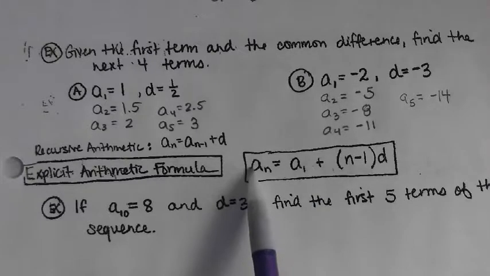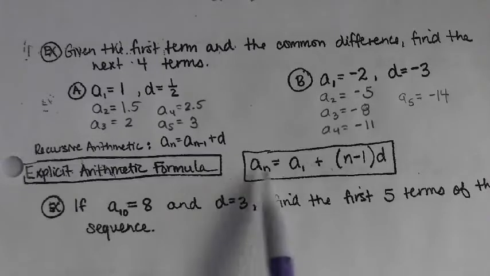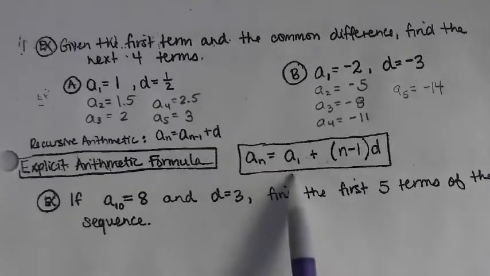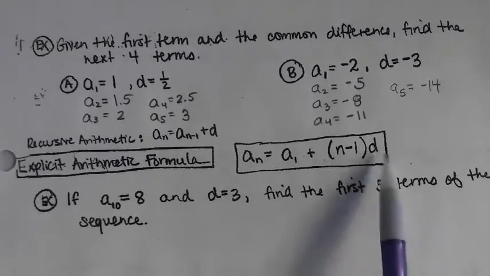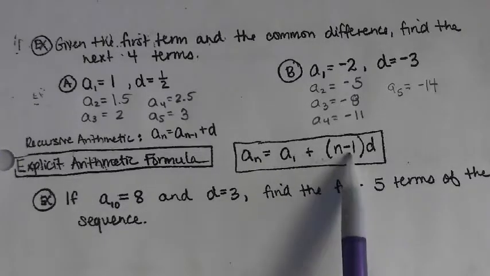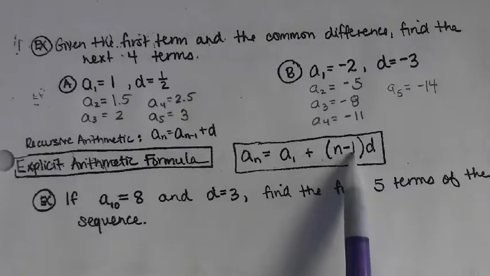So if they want you to find the 15th term, n is 15, so a sub 15 would be the 15th term, it's going to equal whatever your first term is, plus you're going to add on the common difference 15 minus 1 times, which is how many times? What's 15 minus 1? 14.